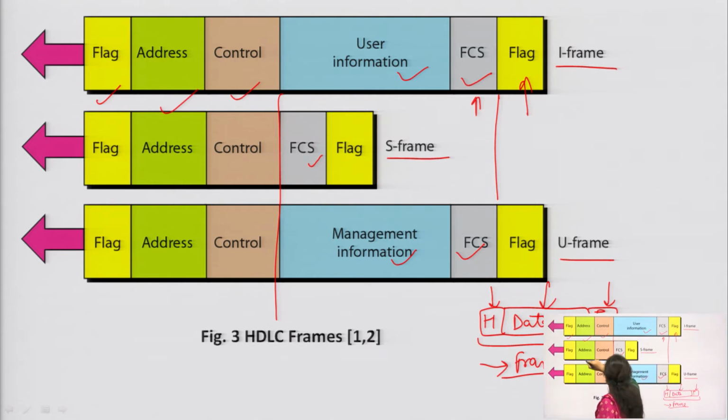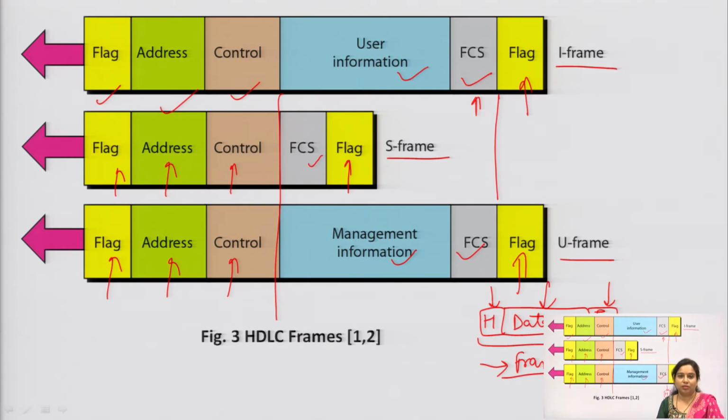In case of the S frame, there is a flag, an address, control, and then it is ended by a flag again. Then in case of the U frame, there is a flag, then address, control, and it is ended by a flag again.